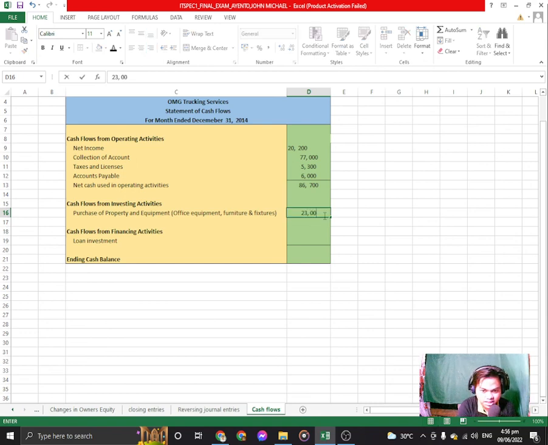also 23,000 pesos. And then for our loan investment, we have 500,000 pesos. Then ending cash balance, we have 609,700.